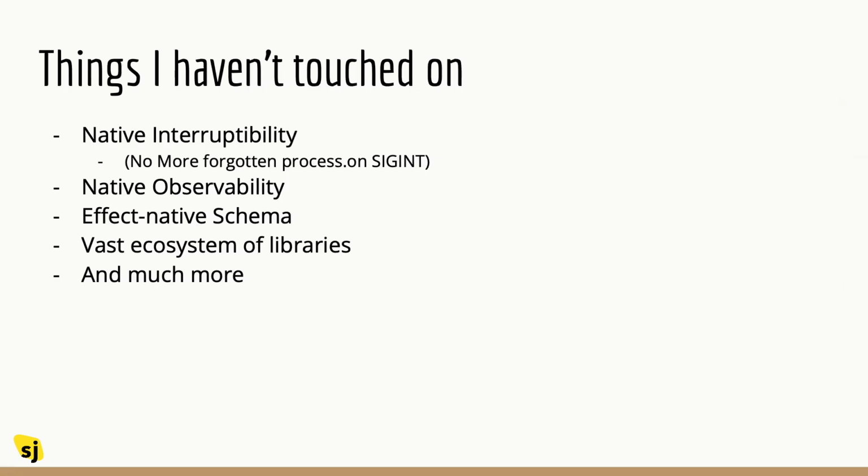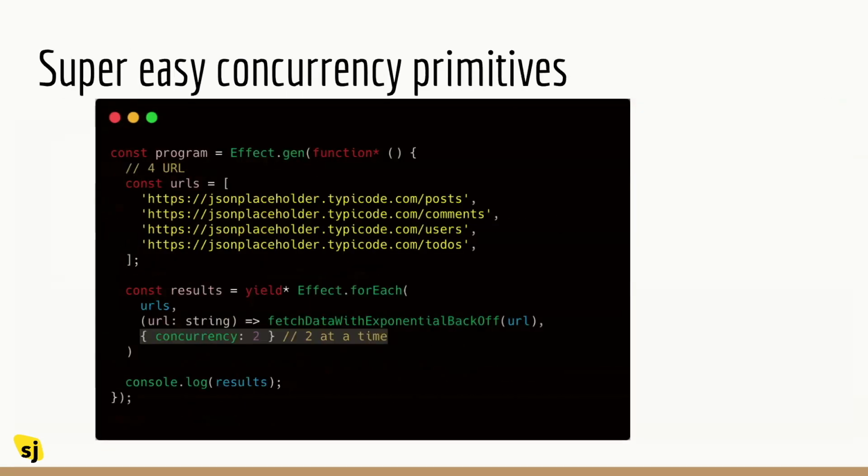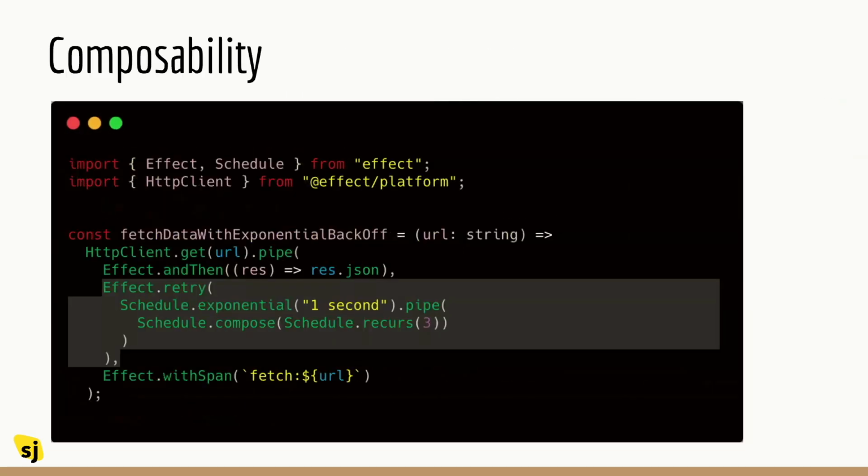It also has native observability. I did touch on it a little bit in one of the previous things with effect.withSpan. At the bottom, I said effect.withSpan, so I'm just tagging that effect as a span. You could have an effect calling an effect, calling an effect, and everything can be tagged as a span.